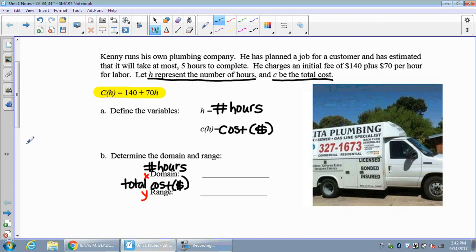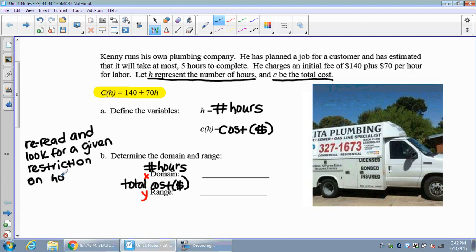So read, and look for a given restriction on hours or total cost. And we're looking for that because that's what we're dealing with. We've got hours and we've got money.